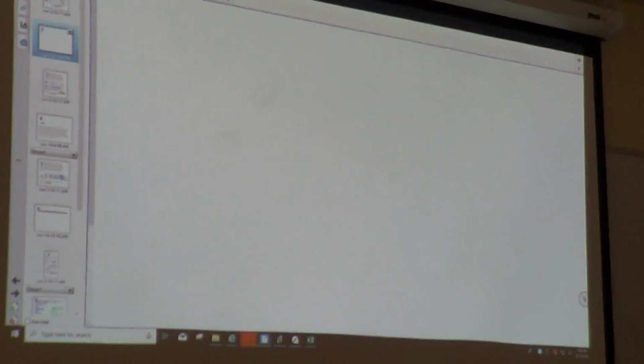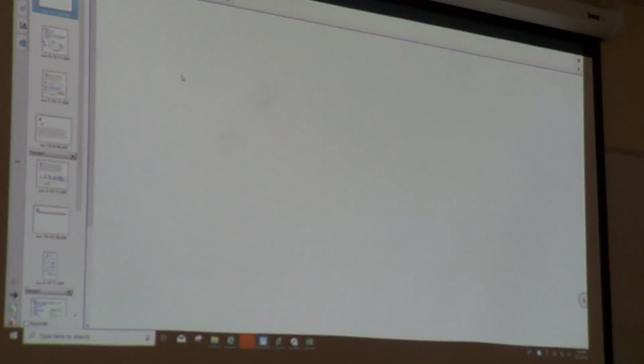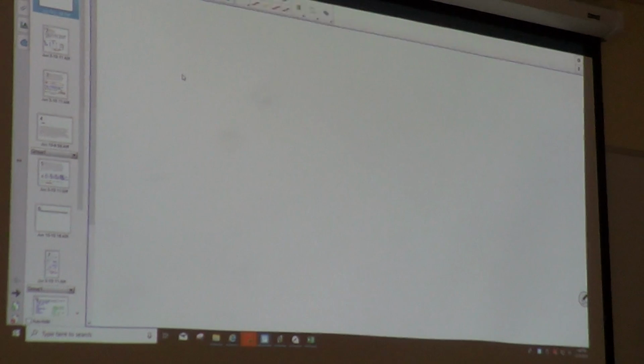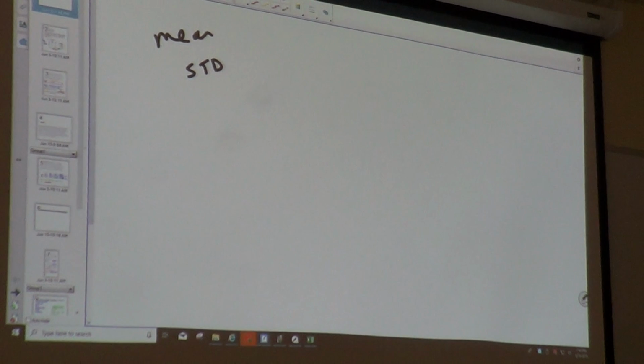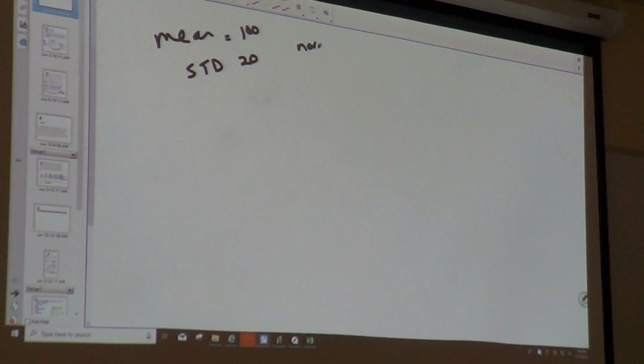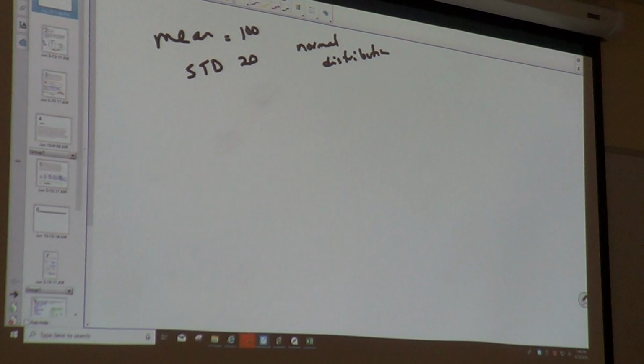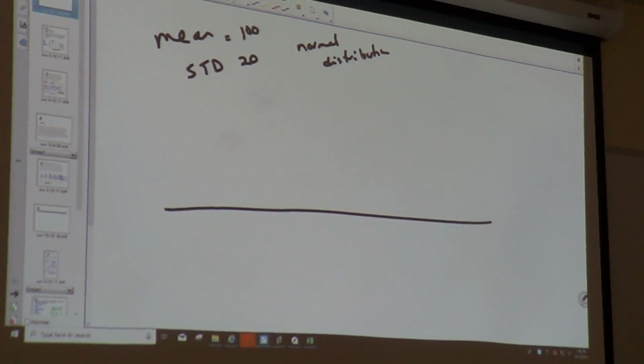Let me pull up an example to show you what a z-score means. Let's say the mean was 100 and your standard deviation was 20, and it was a normal distribution. We should all know how to draw that by now.